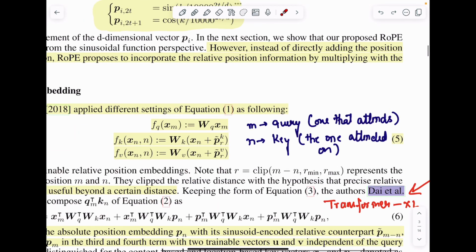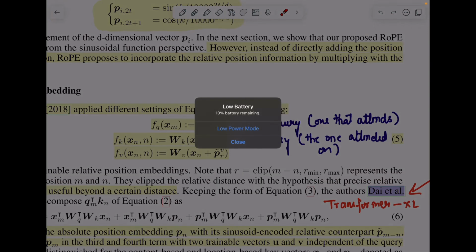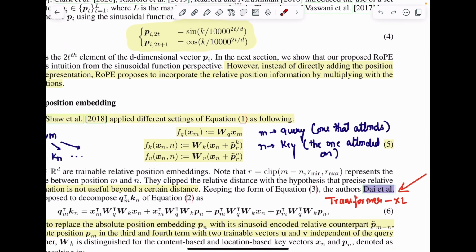But in the case of Shaw et al., they add something called p_r, where r is defined as the difference between the two positions m and n, where m is the position of the query and n is the position of the key and the corresponding value, right? And they also cap it with r_min and r_max. That means if you move very far away from your query, then all these positions are considered as either r_min on the left side or r_max on the right side of the position of the query.